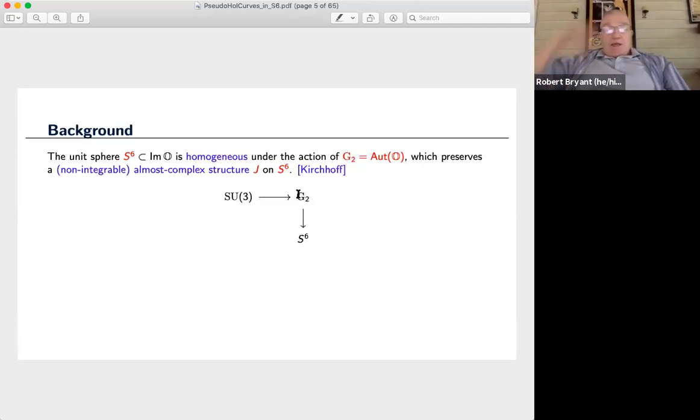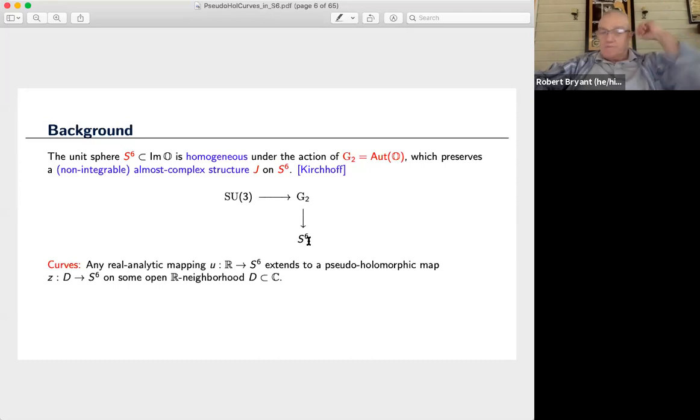G2 acts transitively on the sixth sphere with stabilizer SU(3), so the tangent space at each point you can think of as a copy of C^3 with a particular complex volume form fixed. Although the almost complex structure is definitely not integrable, there are still plenty of local pseudo-holomorphic maps from curves.